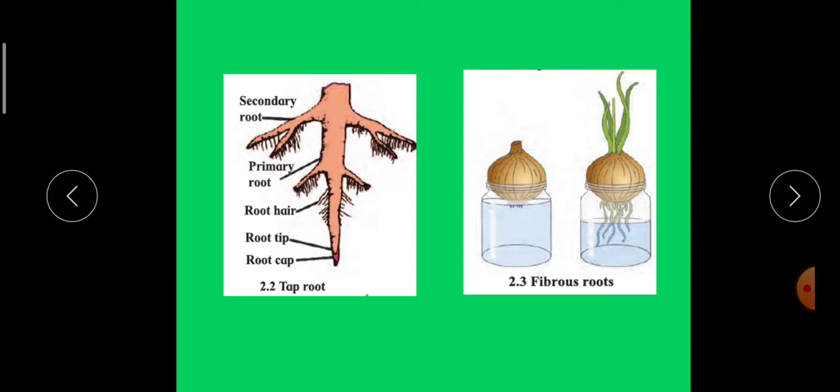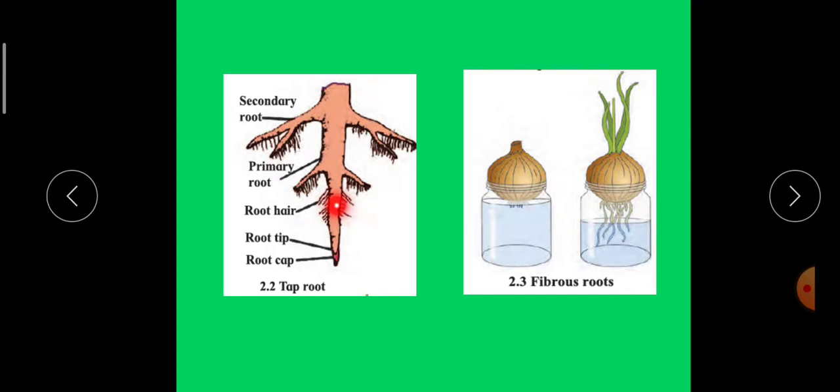Let us further understand the taproot. You can see here it is thicker at the base and it tapers towards the end. It produces secondary roots. It has got root hair and root cap.